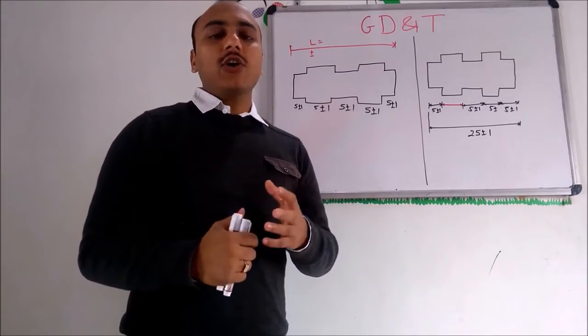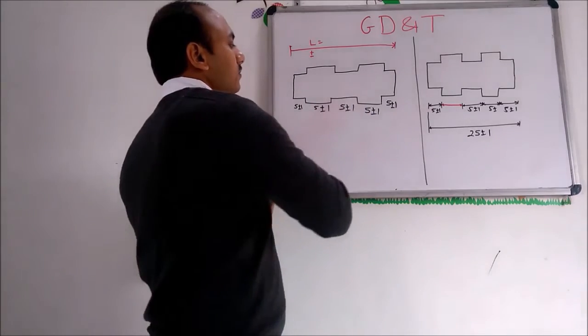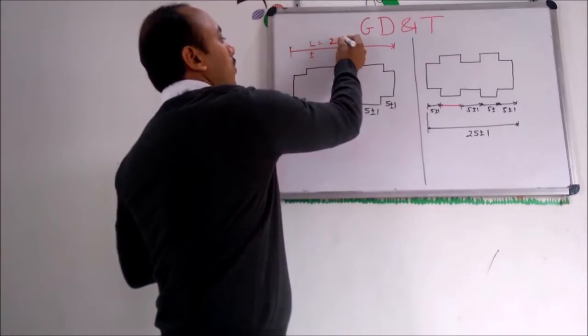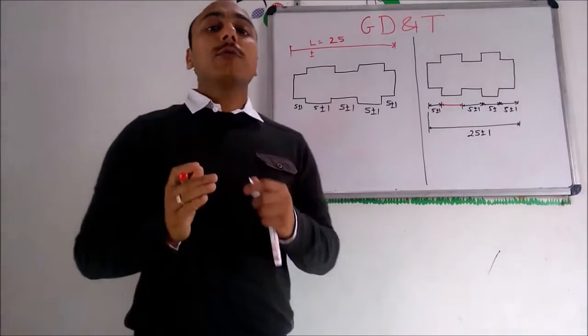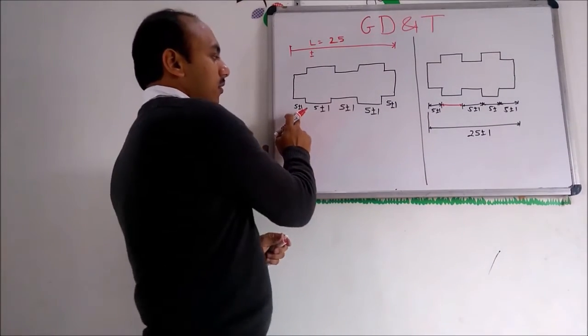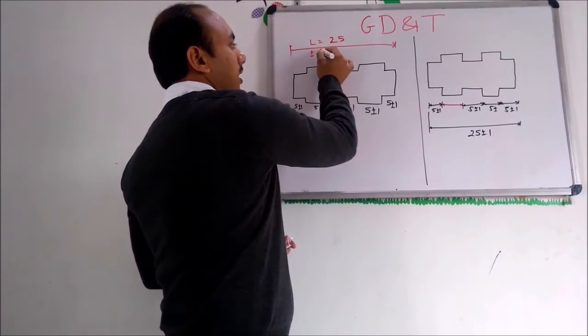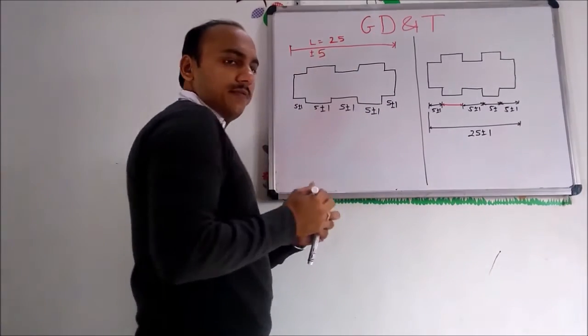So let's find out what the overall length is in this case. It will be 25. But what would be the tolerance on that overall length? That is 1, 2, 3, 4, 5, plus or minus 5.